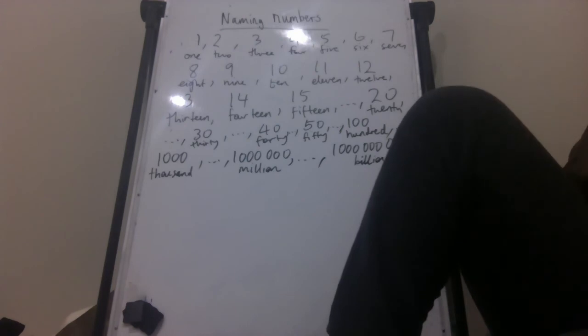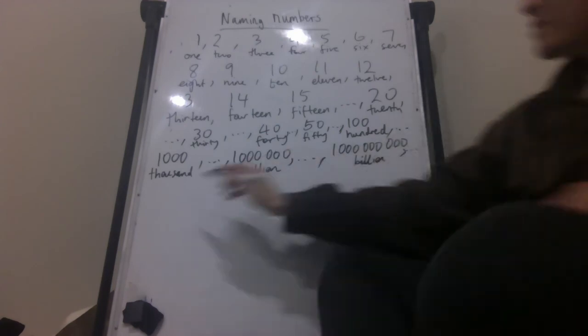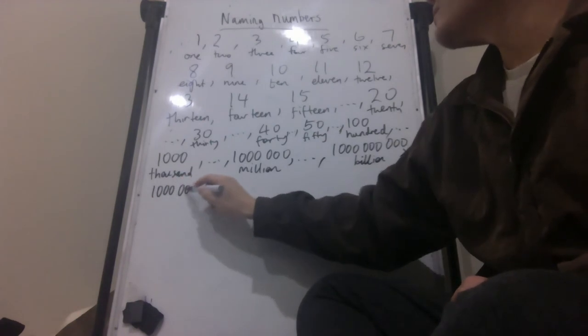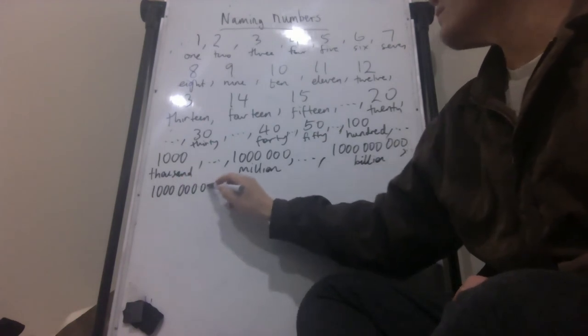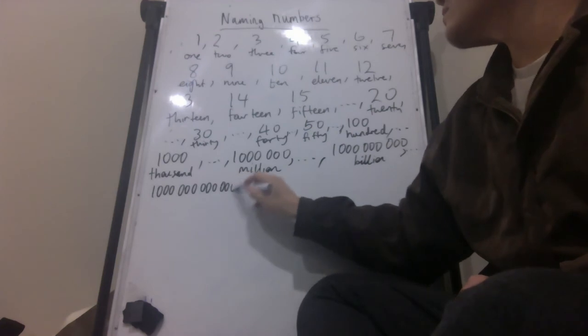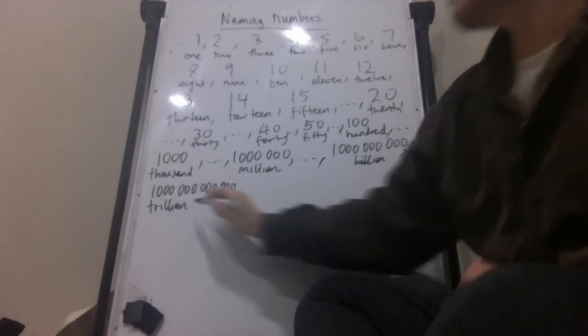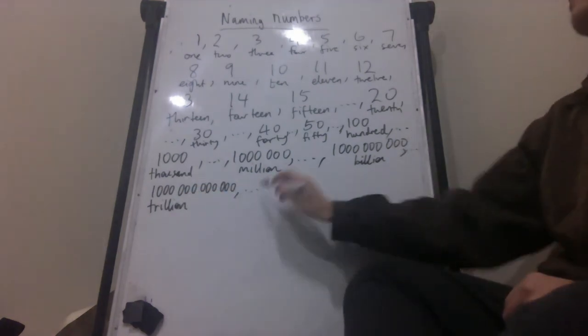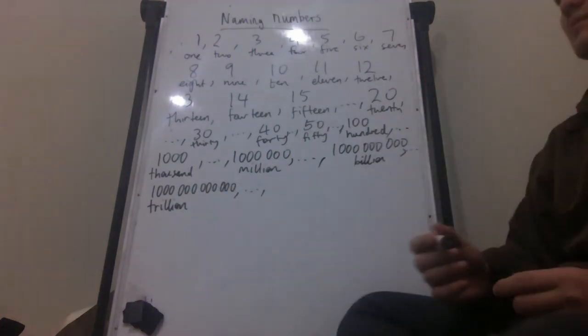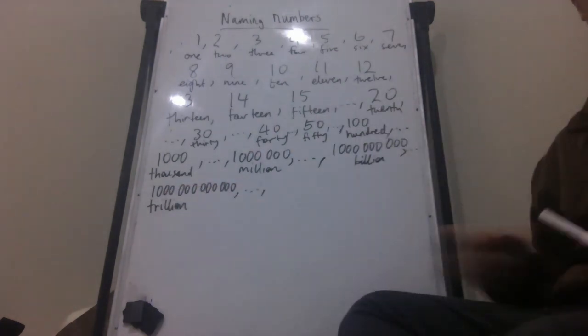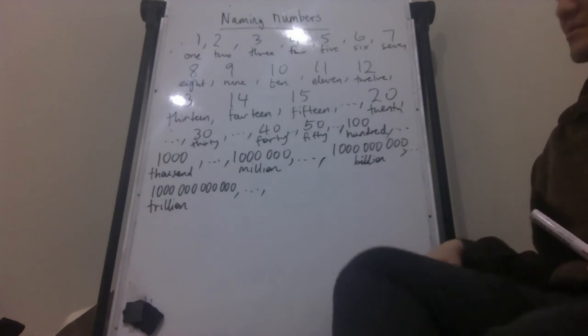So you know the next one. 12 zeros, right? Okay, good. So we have 12 zeros now. You have to put 6 plus 6 equals 12. There's 3 commas in a trillion, right? 6 plus 6 equals 12.